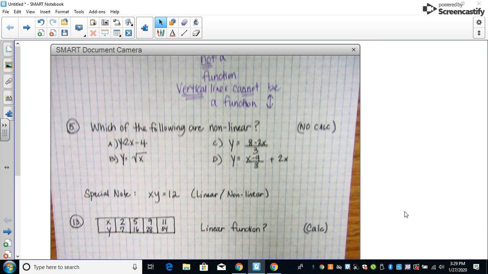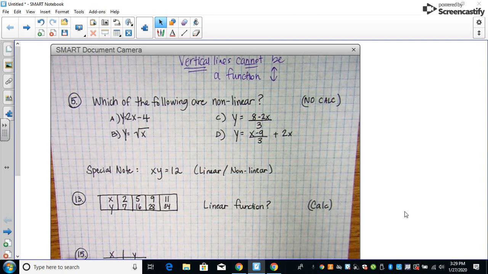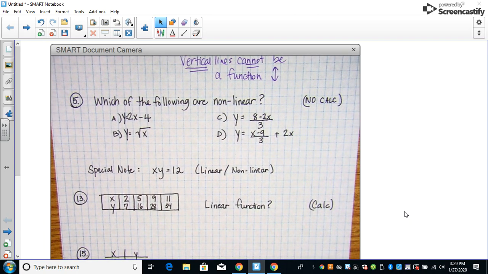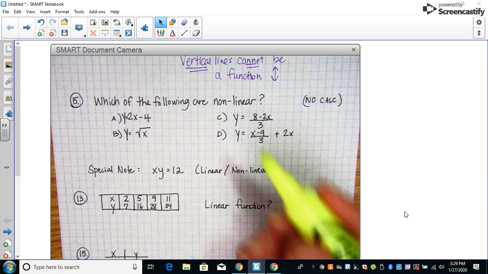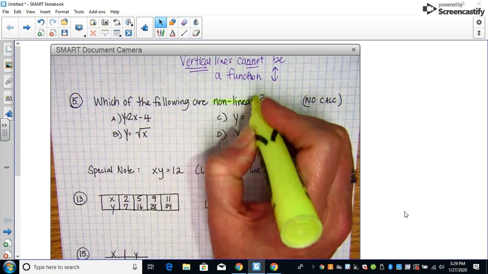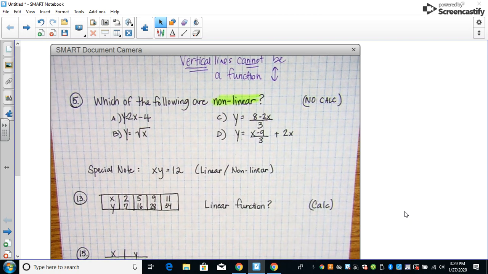Next, another question that gave some issues was question number 5. And again, here we're talking about linear and nonlinear, and it says, which of the following are nonlinear? So we've got one of these that's nonlinear. So we're looking for clues or hints that show up that are different from the rest.